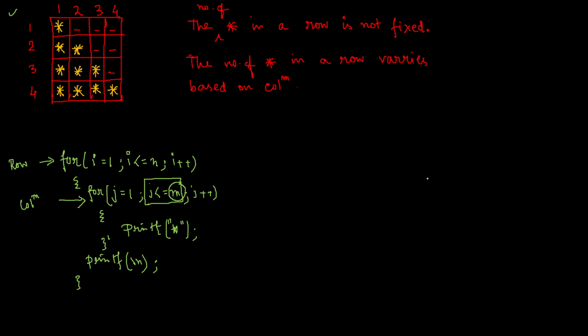Now let's see. Basically, what I will suggest is make a table. Make a table of i, j. That's all. Only this two-column table. What will we enter in the table?